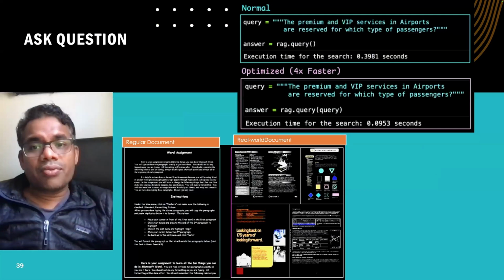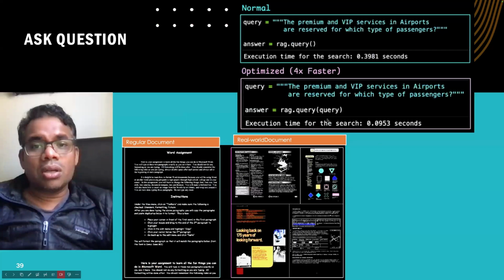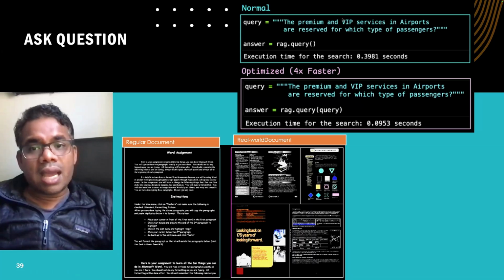If you think of our previous exercise, the outcome could be something like the query asked by the user: the premium and VIP services in airports are reserved for which type of passengers, right? Whatever the time to generate, if we retrieve it and customize this through the RAG query, passing the query itself into that, it will be more specific, right?